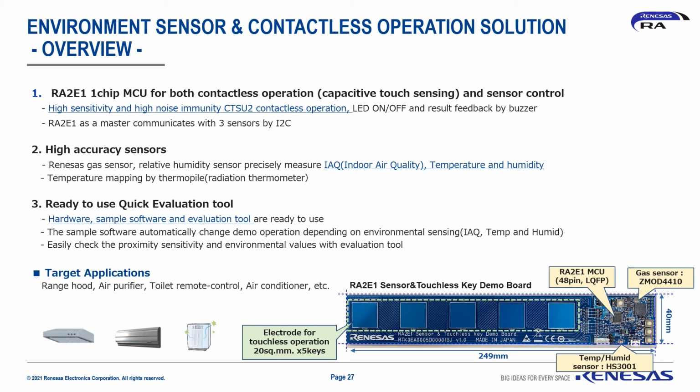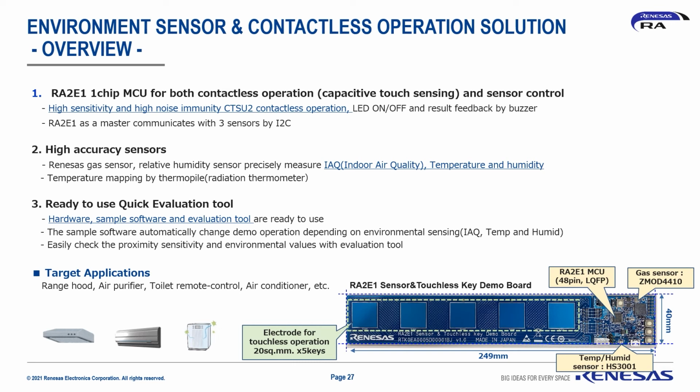In this demo, the sensors are connected by I2C. All material is available on our website: hardware, software in open source, and evaluation tools. Target applications: range hood, air purifier, toilet, air conditioner.